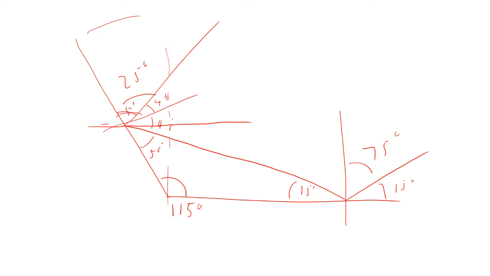If we draw a perpendicular right there, okay, then that's 15 degrees right there. Okay, and so that makes this right here, that'll be 40 minus 15, so that'll be 25 degrees right there.